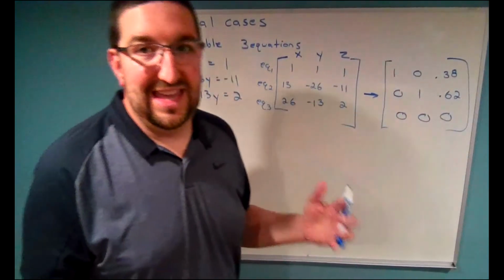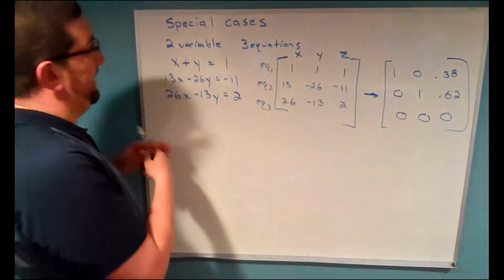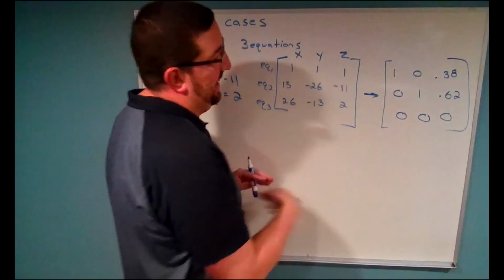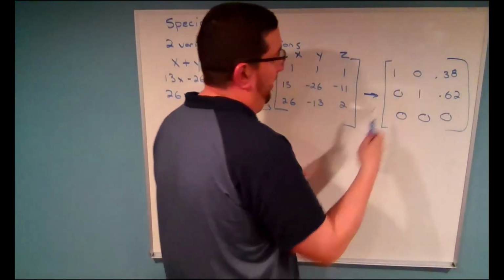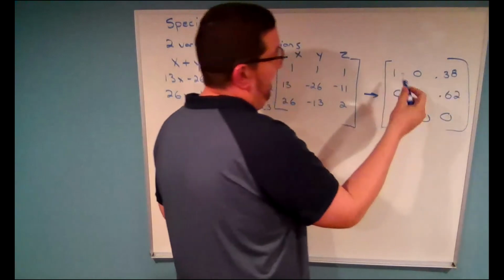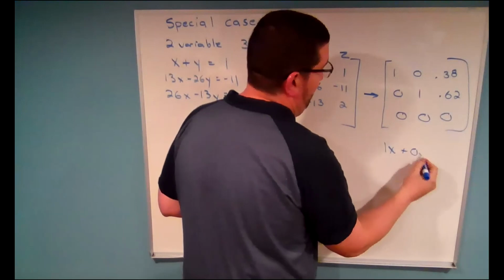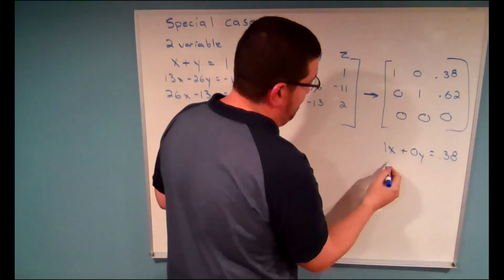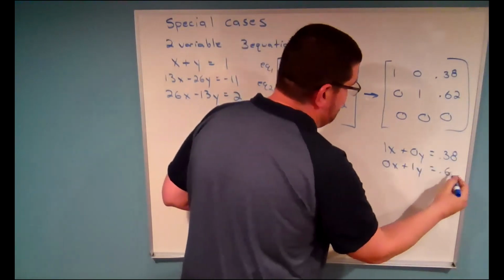But you can't look at infinite solutions. You have to take into account that we had an extra equation here. So this bottom row means nothing. But the top rows, if we look at them, we end up with 1x plus 0y equals 0.38 and 0x plus 1y equals 0.62.